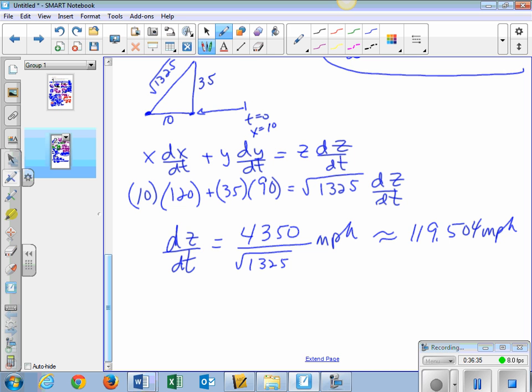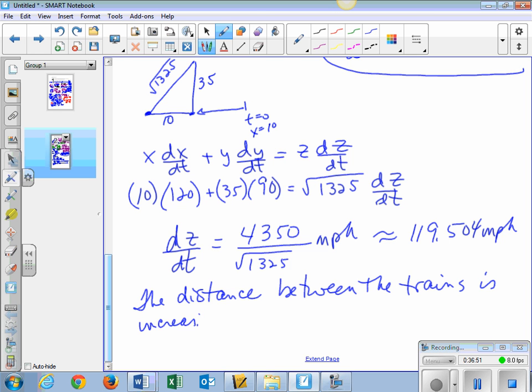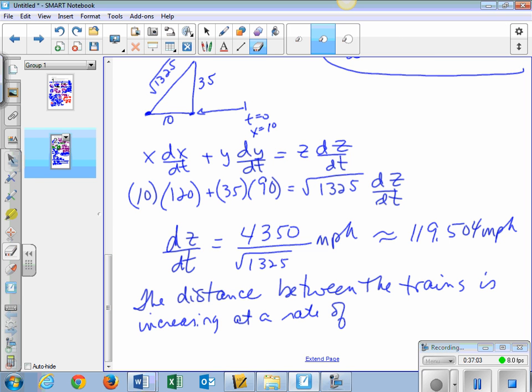Okay, so if I were to write this all out, I would say the distance between the trains is increasing at a rate of 12, oh no, gotta get the right number.